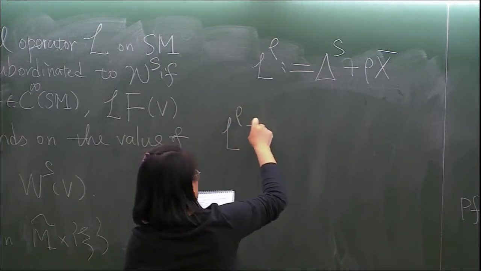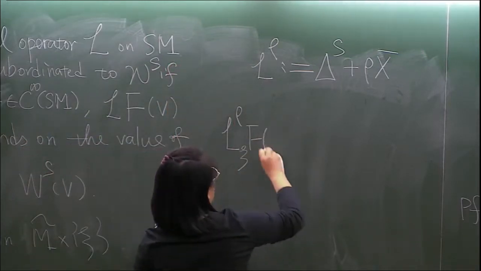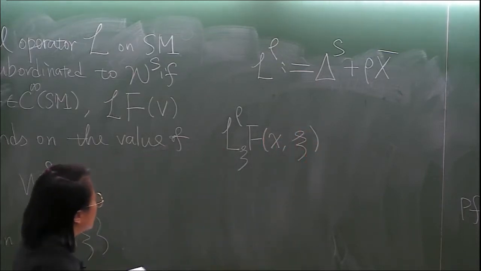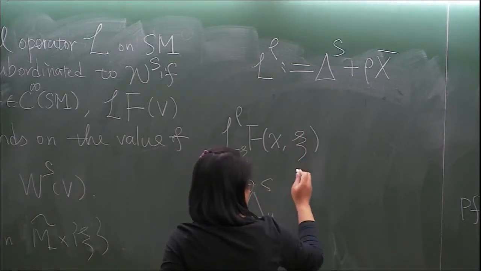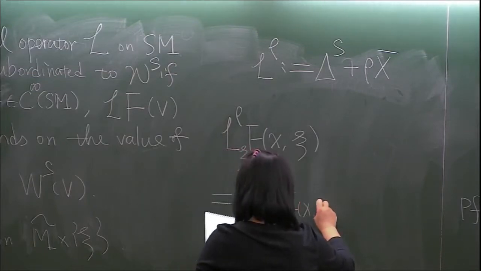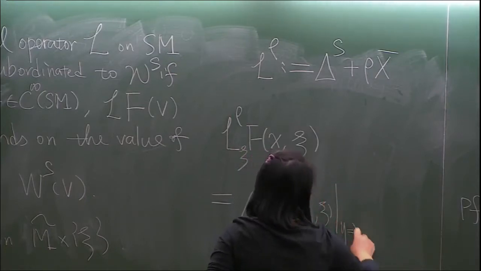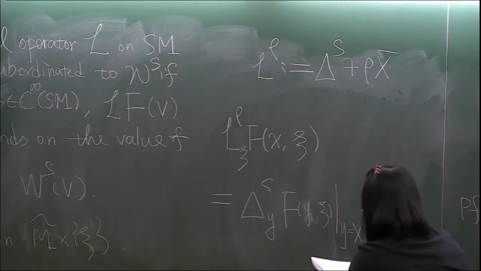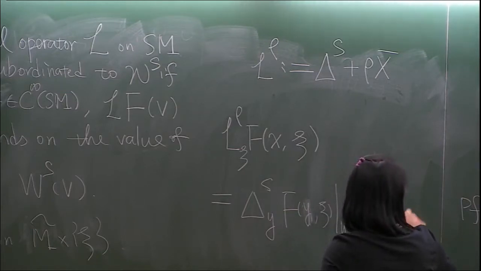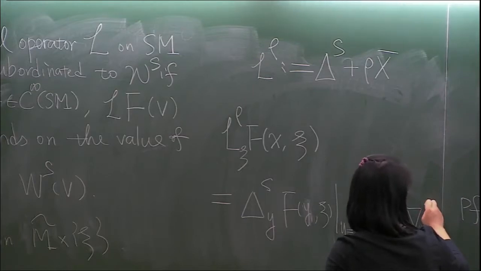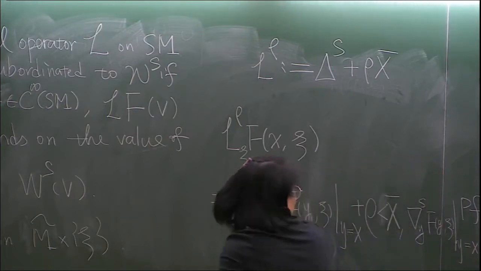You can extend this to upstairs. Upstairs, the value you apply to f is the Laplacian in y of f(x, c, y, c), evaluated at y equals x, its value at x, c, plus rho times the inner product of x and the gradient in y of this f, again evaluated at y equals x, right?